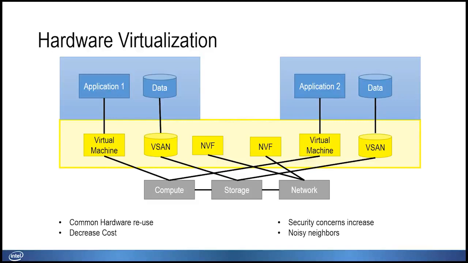Now, there are some problems with this, which we'll talk about around noisy neighbor, but hardware virtualization has really made it easy to deploy new applications and to run them all on the same machine. So instead of buying 5 smaller machines, I can now buy a bigger machine and run these virtual machines on there. It's not just compute, but I'm also running virtual storage and network functions as well.